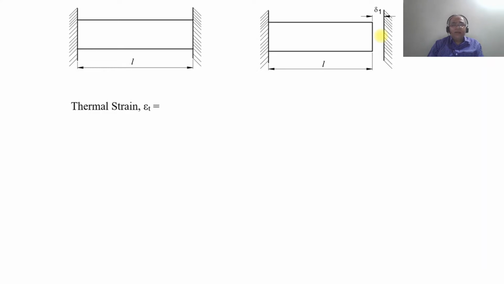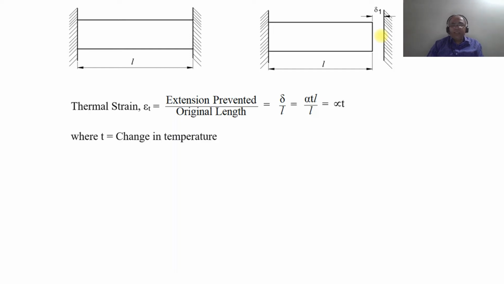What is thermal strain? Alpha T is equal to the extension prevented divided by the original length. What is the extension prevented? Delta, that is delta by L. Here delta is alpha into T into L, where alpha is the coefficient of thermal expansion. Therefore L gets cancelled, leaving alpha into T. This is the expression for thermal strain, epsilon T, where T is the change in temperature and alpha is the coefficient of thermal expansion. What is thermal stress?